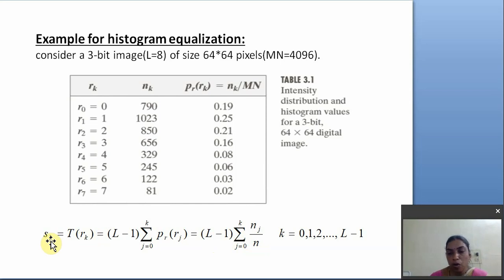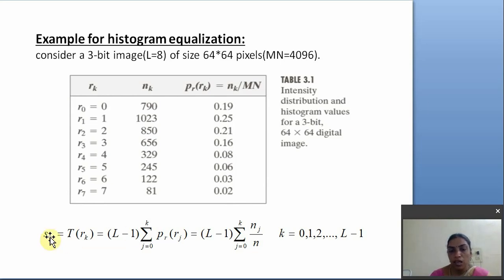From the point operation, you know that Sk is equal to T of Rk, the transformation of Rk. Here the transformation operation is nothing but histogram equalization, which is L minus 1 summation Nj by N.